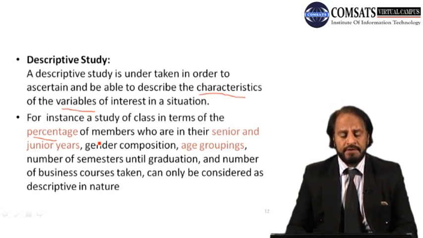For instance, if we would like to study a class in terms of the percentage of members who are senior or junior, the gender composition, the age grouping, the number of semesters they are in, and the number of business courses they have taken.